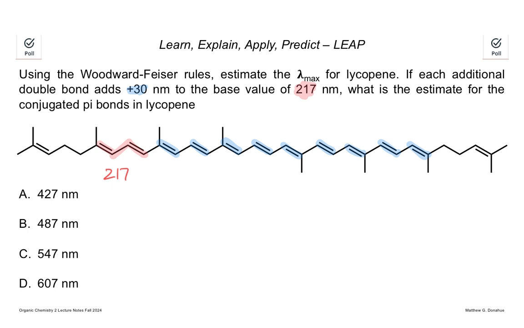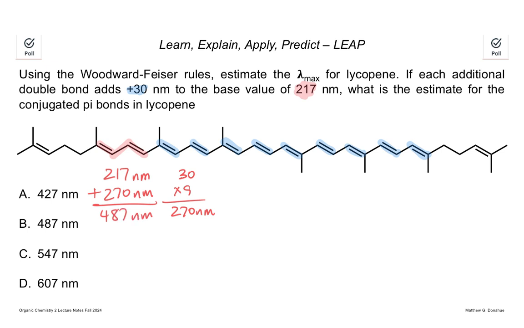So what do we get? 30 times 9, is that 270? Our base is 217. So 487 nanometers.